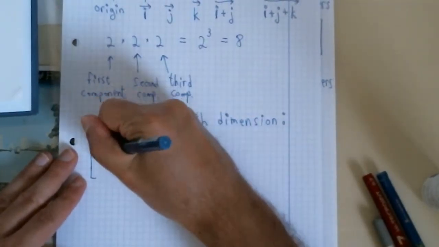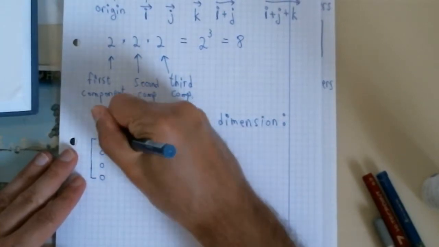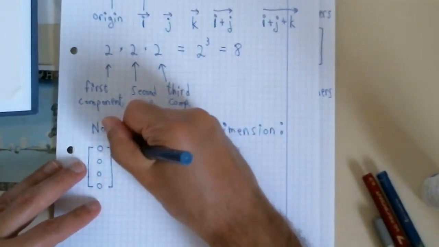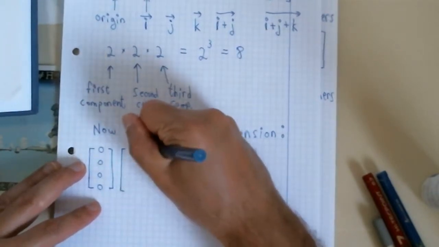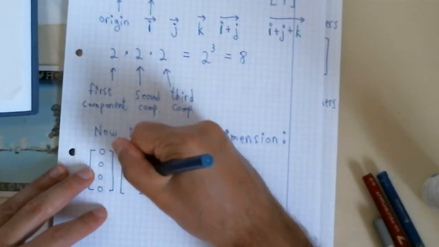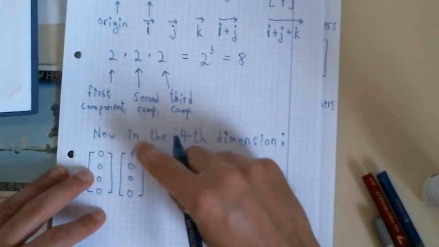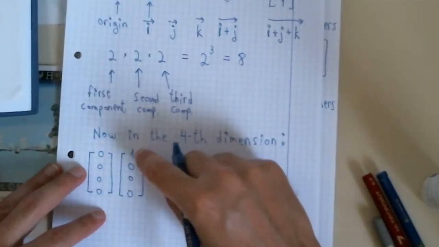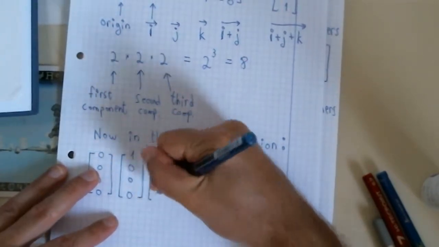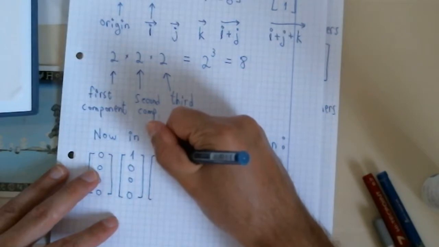With one corner in the origin, the same. One corner would be with the first one: the first component has 1 and the rest are 0.